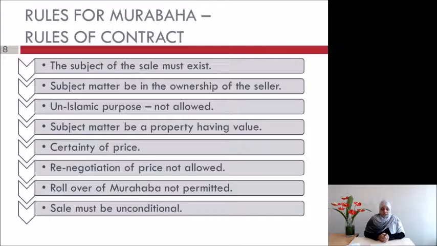And for this reason, any renegotiation of the price is not allowed. Additionally, any rollover of Murabaha is not permitted, and it can only be used for that fixed purchase of a commodity. And once that commodity is acquired, the Murabaha transaction is extinguished once the bank is paid.